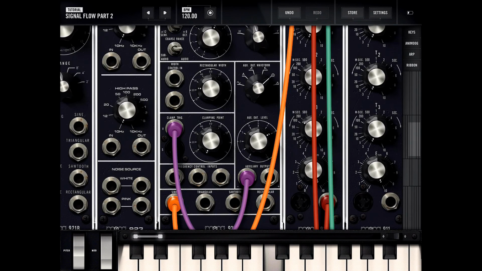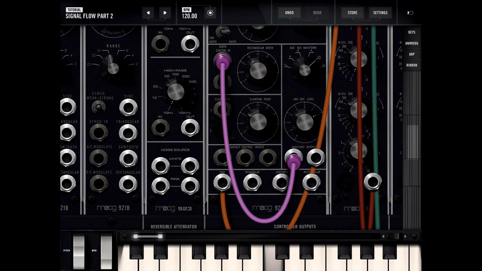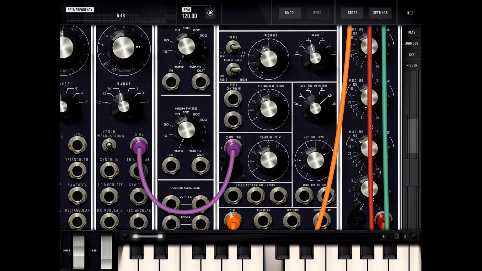Let's try hooking it up to the clamping trig. Let's try hooking this up to another oscillator so we can control the clamping trig independently.